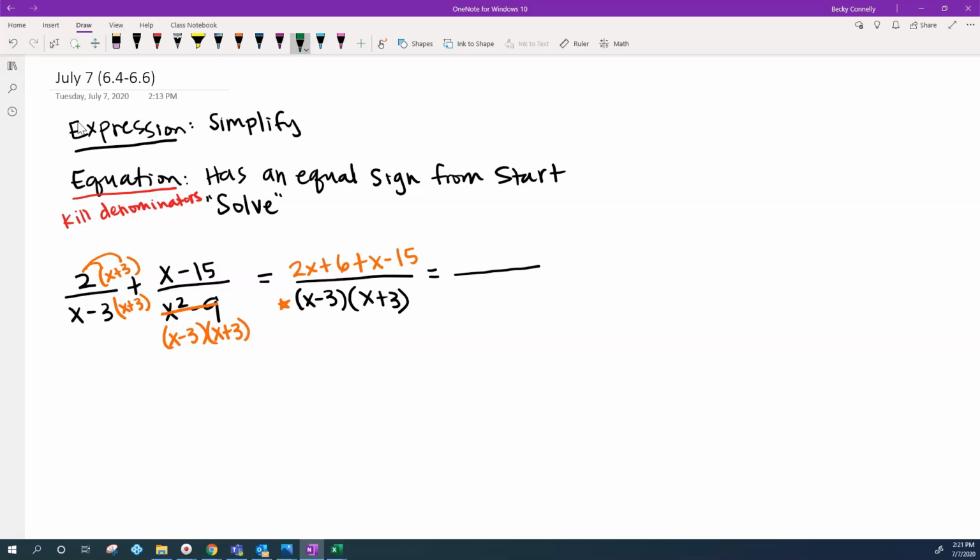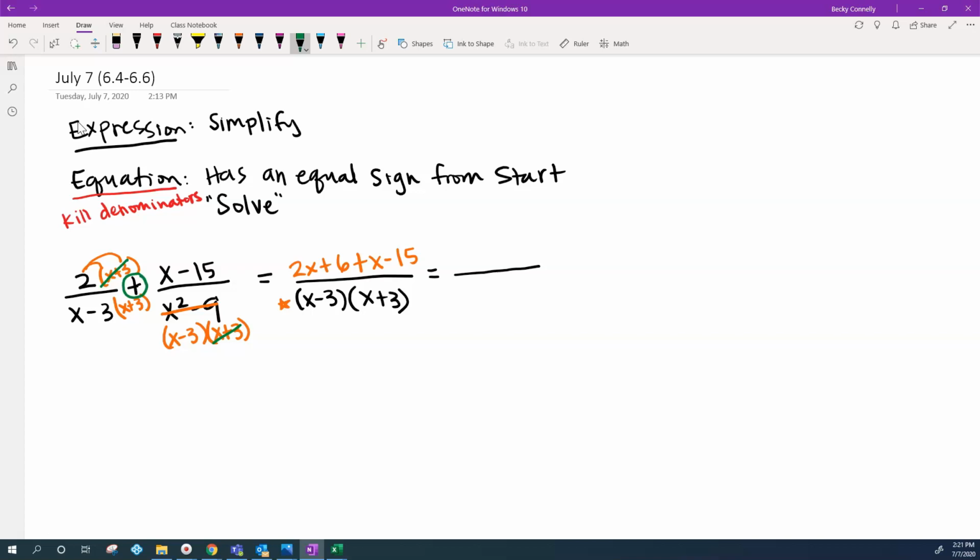After they put the x plus 3 on the top, they canceled it out with this x plus 3 on the bottom. Well, there's a couple of reasons why you can't do that. First of all, we don't want to do that because we're trying to make a common denominator. And if I cross that out, then that's no longer a common denominator. And also this is connected by addition.